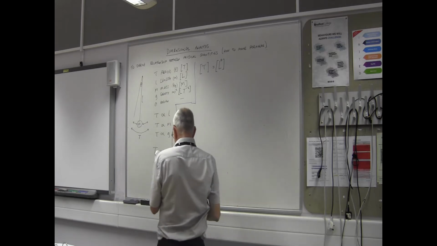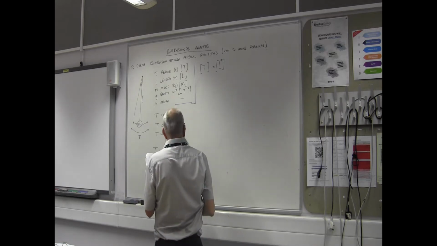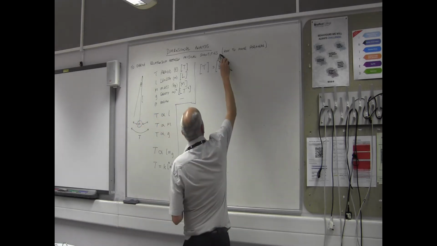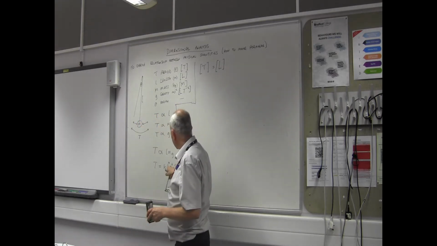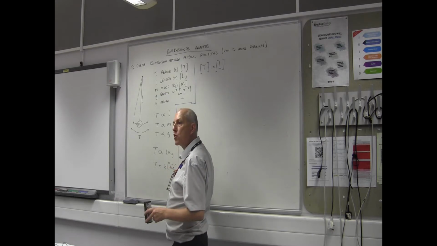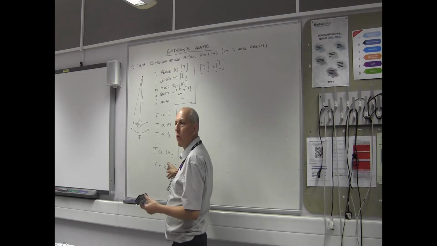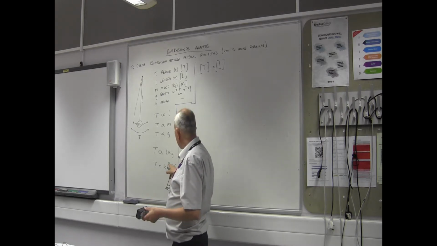Where have you got an A from? What we've done is designated that each of these three terms has some kind of index above it, a power. We've designated them A, B and C, so we've got to find out what they are. That's the next challenge.